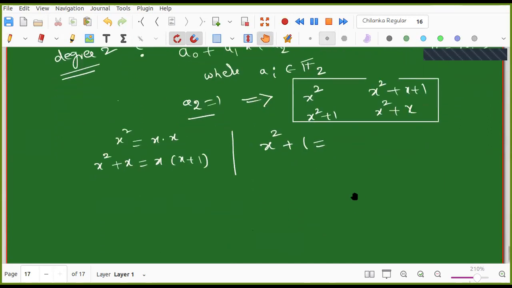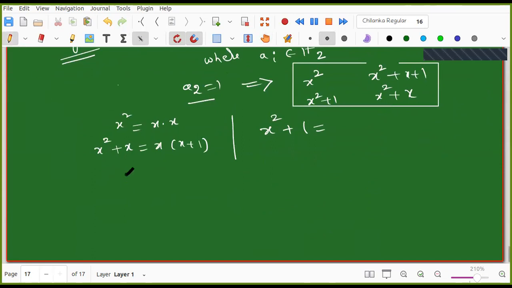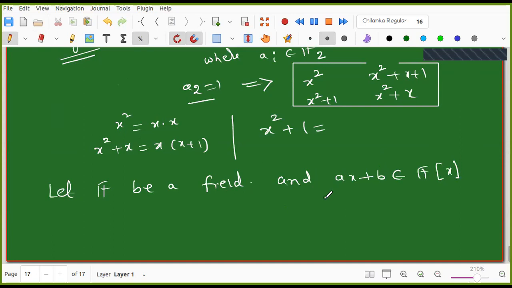See what is happening is that I take any field, let F be a field. I'll ask a few questions. Let F be a field and I take a linear polynomial ax plus b belonging to F[x], right?